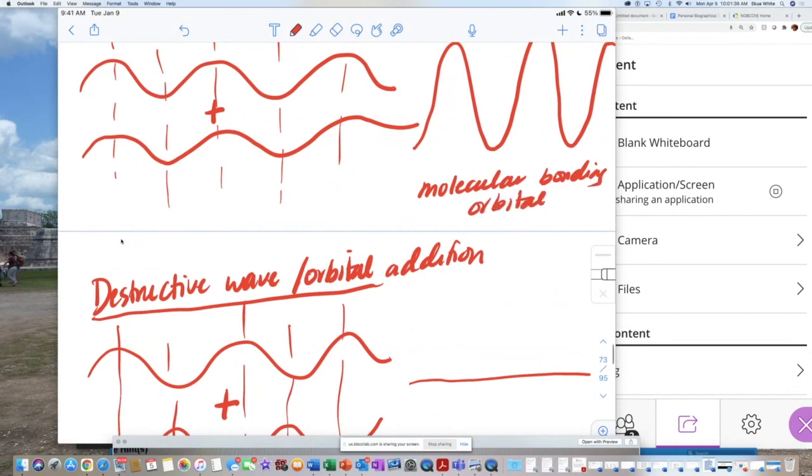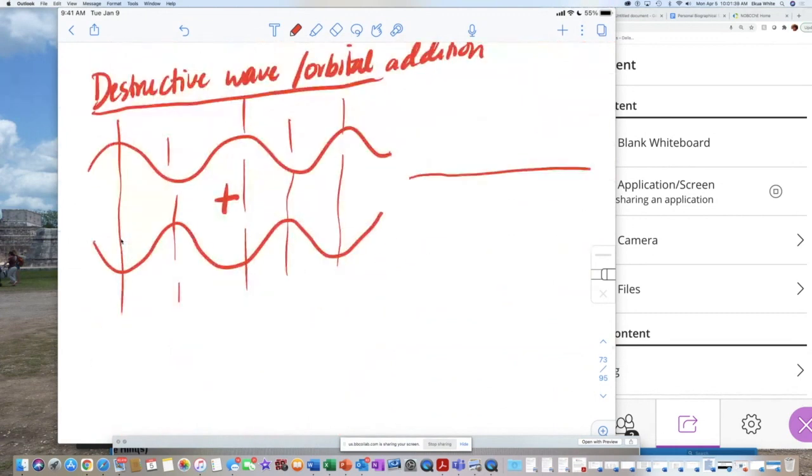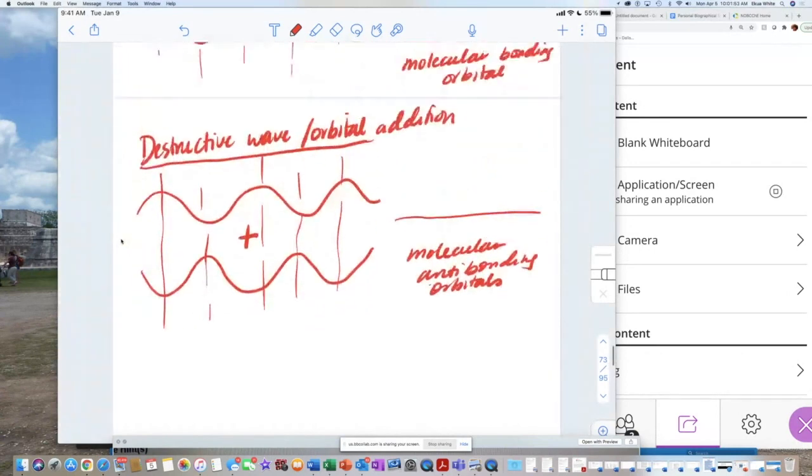So I'll draw a picture of this so that makes more sense. And this one here, molecular anti-bonding orbitals.